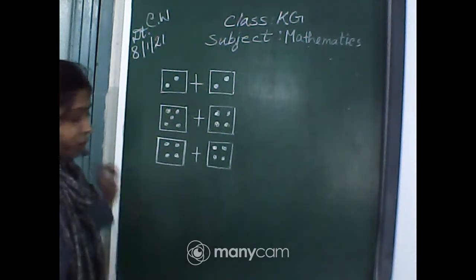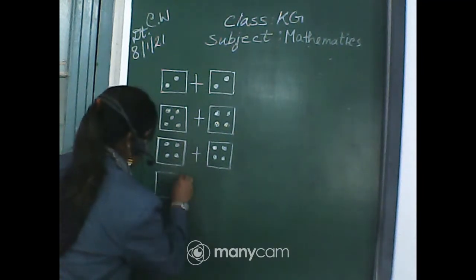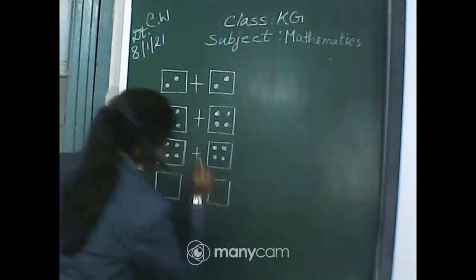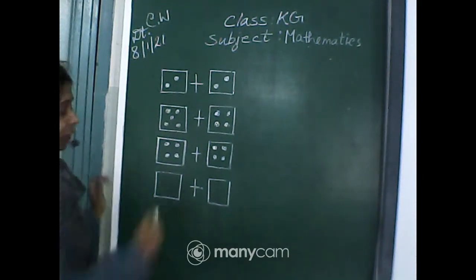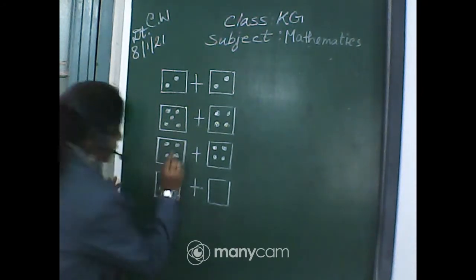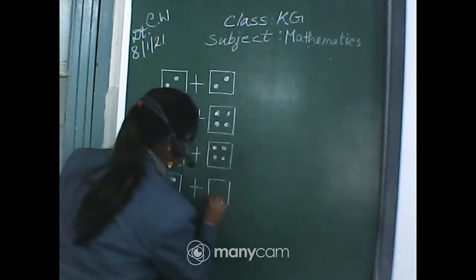And the last one, the same square boxes just below this, the same 2 square boxes you should draw, and in the first box you should draw 3 dots, 1, 2, 3. And in another box you should draw 2 dots, 1, 2.